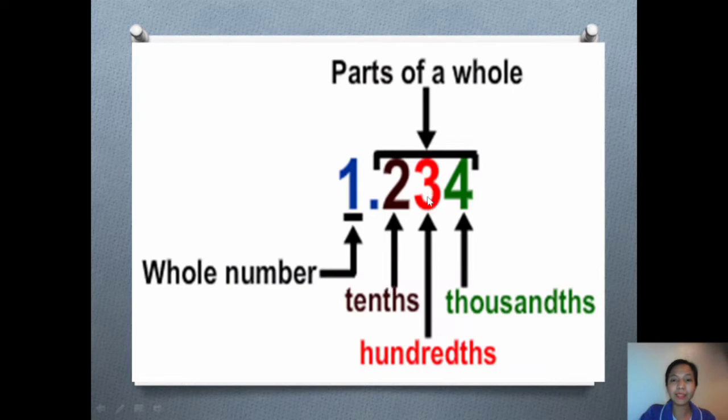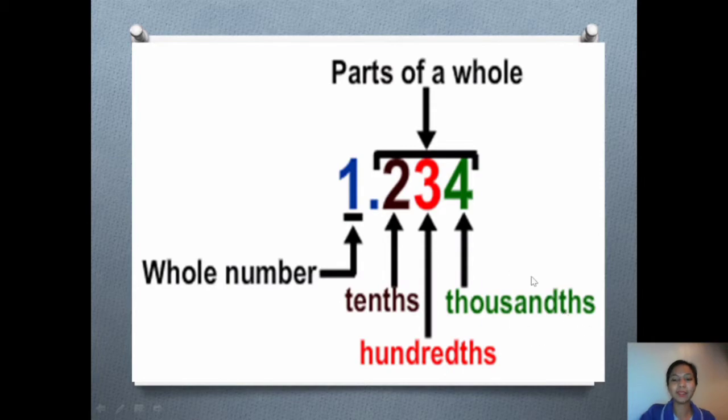And then the second number, the place value, is hundredths, spelled with TH. Then the third number from the decimal point, the place value is thousandths.